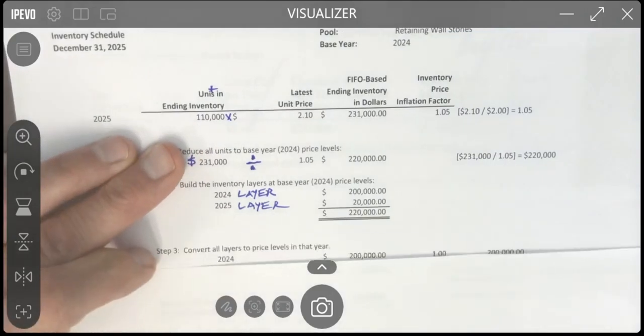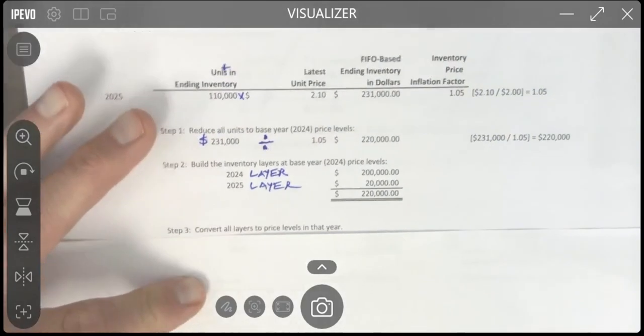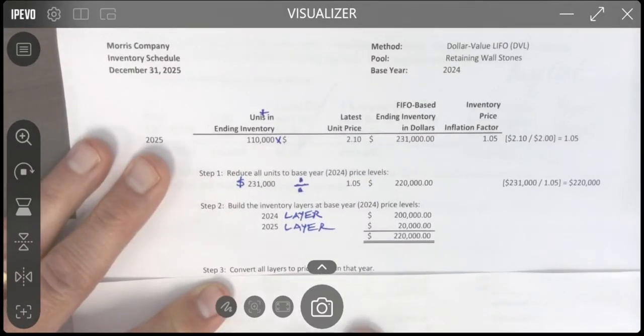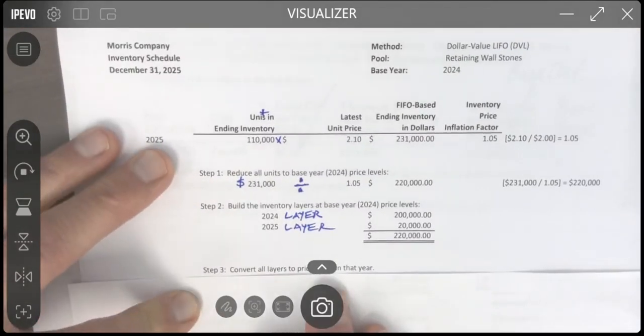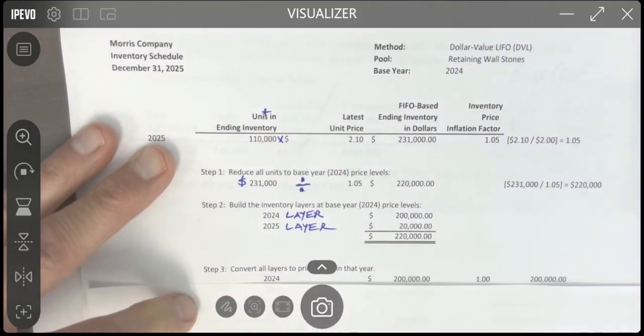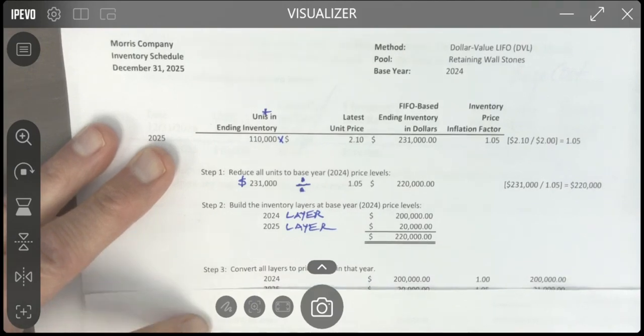Step 3, convert all layers to price levels in that year. All right, I can do that. 2024, it was at the base year. 2025, the price level inflation factor is 1.05.